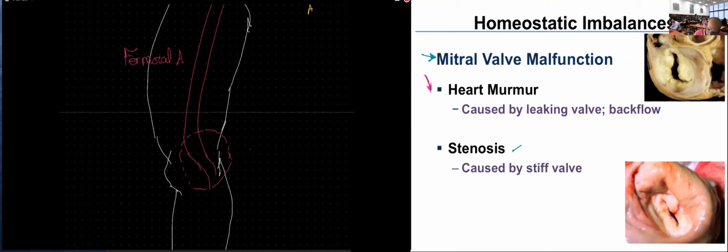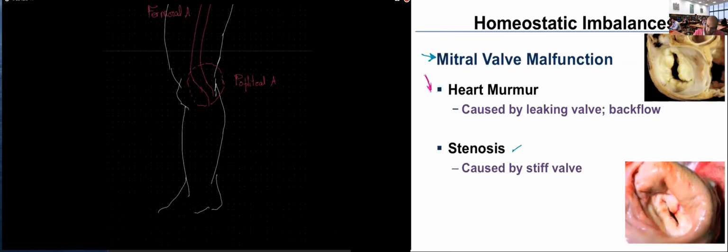So what do you think we're going to name this artery that travels in the posterior aspect of the knee? It's my popliteal artery. Popliteal artery is going to split into two branches. One that travels on the anterior side of the leg, and one that will be traveling in the posterior aspect of the leg.